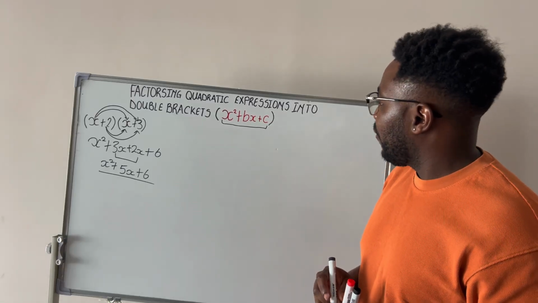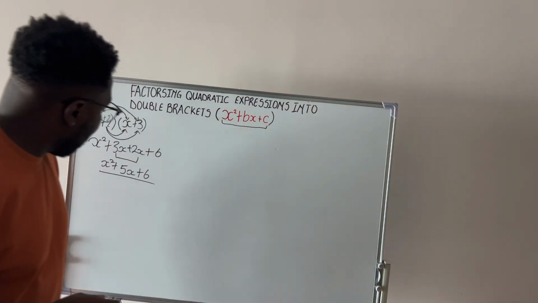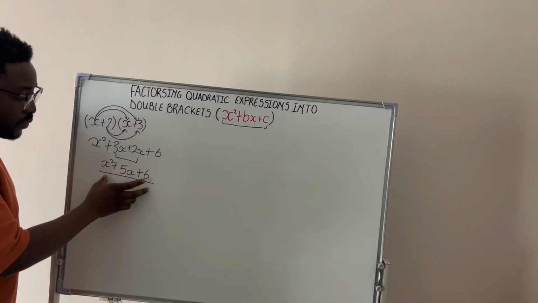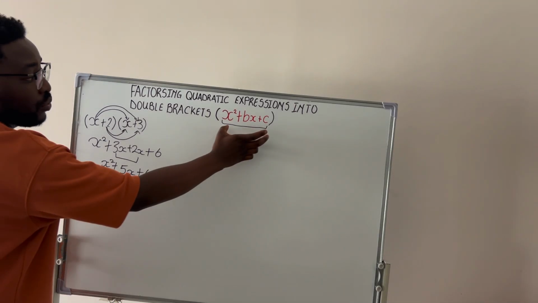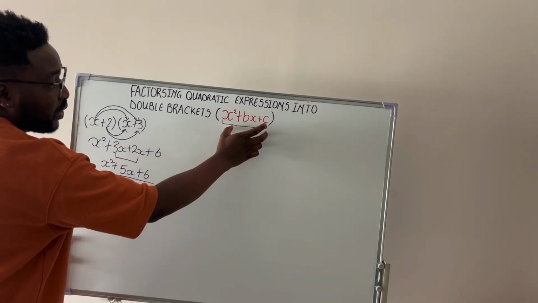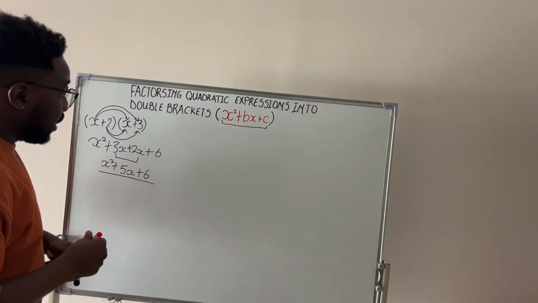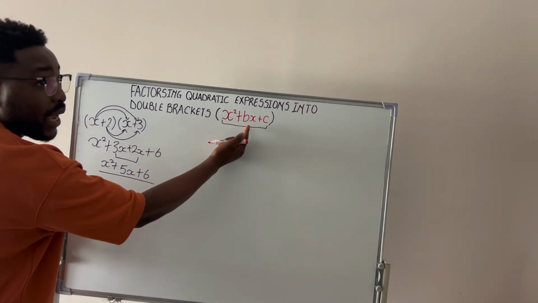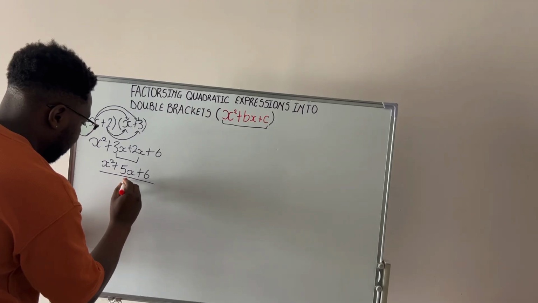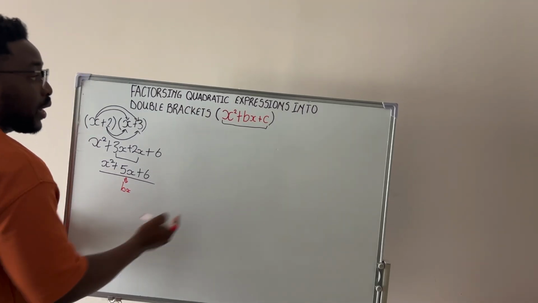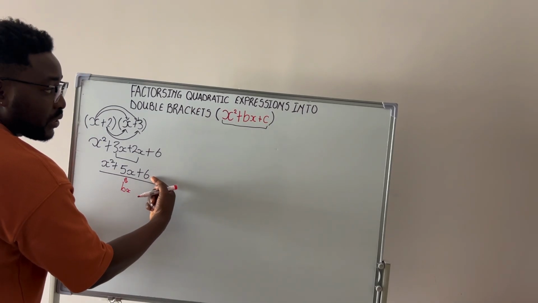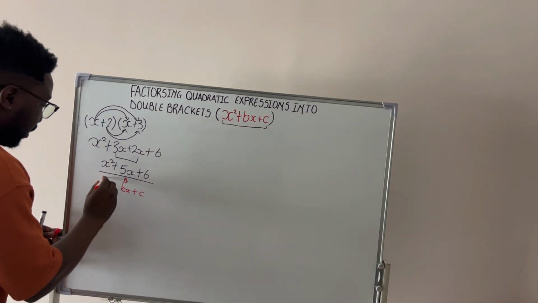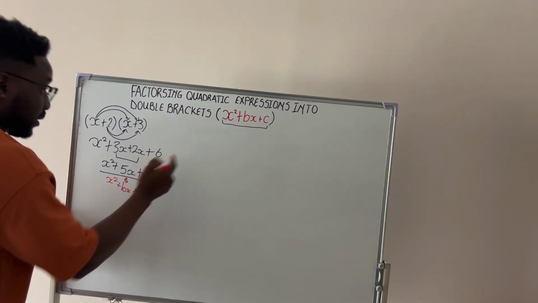If we talk about our expanded expression in relation to the standard form, we can easily see that our 5x is our bx, our constant 6 is our c, and our x squared is the same as x squared.